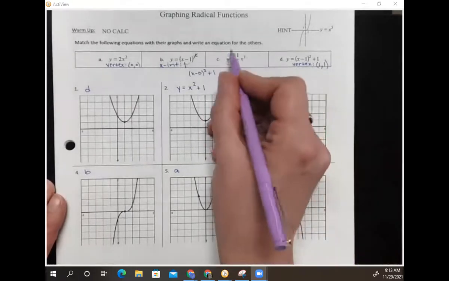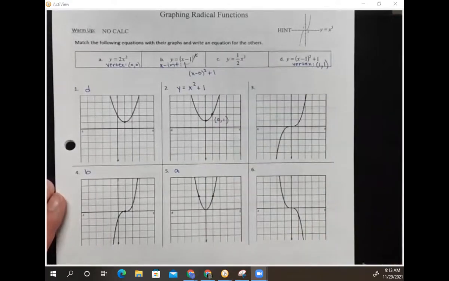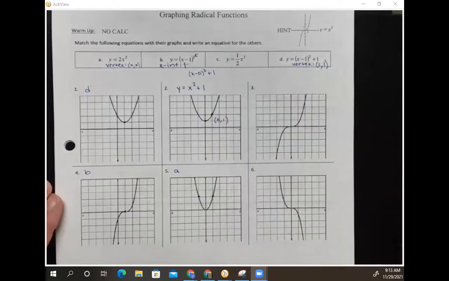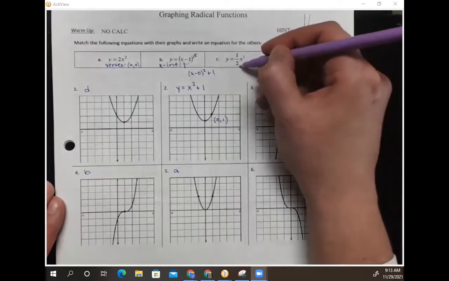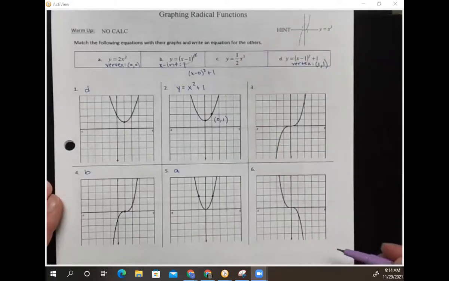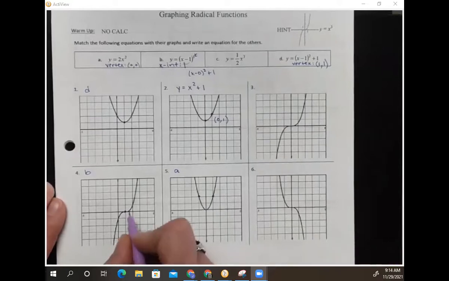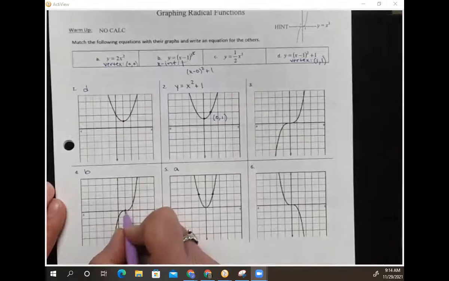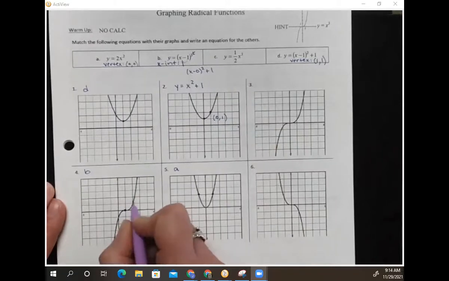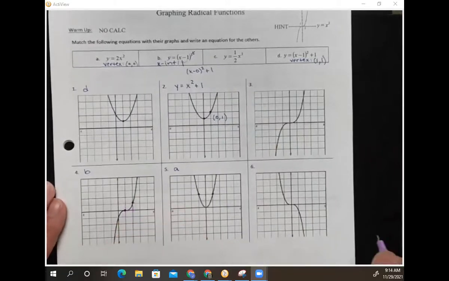C is the last function that we're given. So C's got to be either 3 or 6. The only additional piece of information I have is this 1/2 in front. So for a cubic function, if I don't have anything in front, to get from that sort of center to the next nice point, I'm going up 1 and out 1.